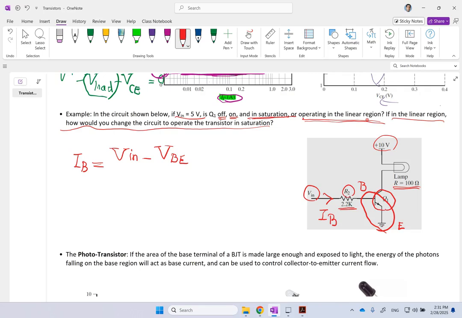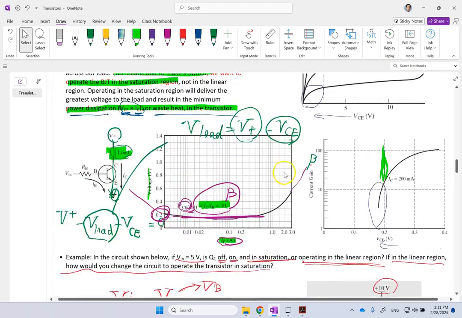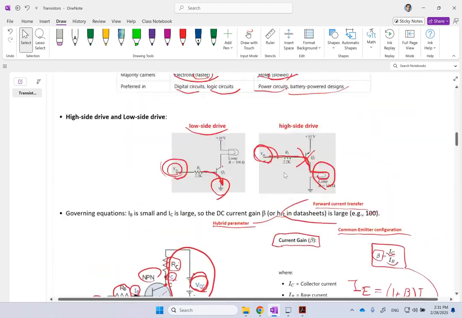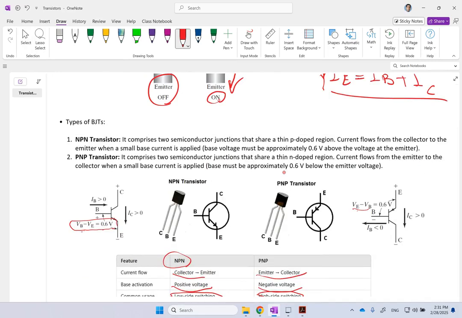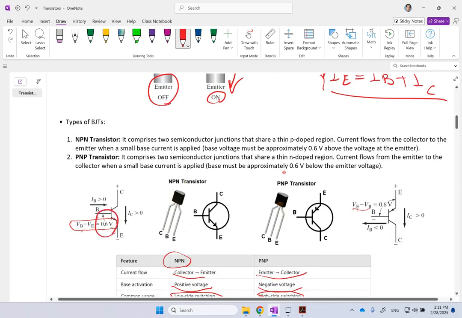So V base emitter is the same as V base, divided by that 2.2 kilo ohm. Now, as I said, most of the time, the voltage that you need for these transistors to turn on is about 0.6 volts for base to emitter.